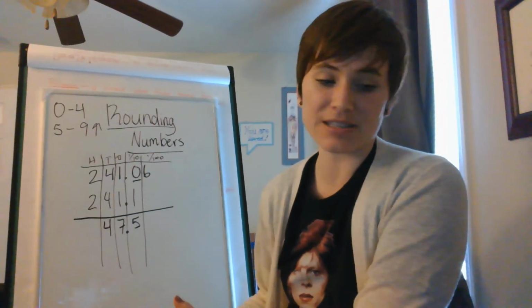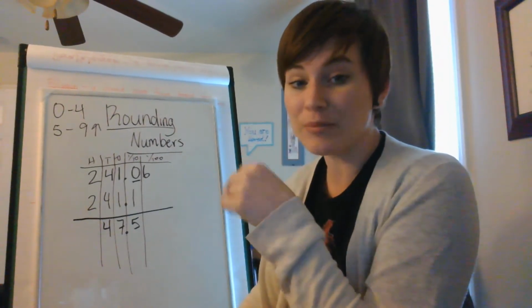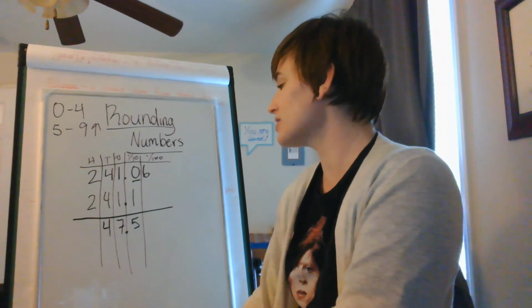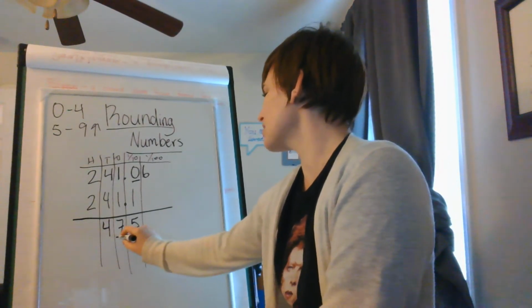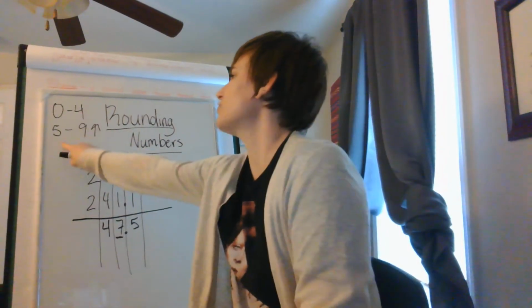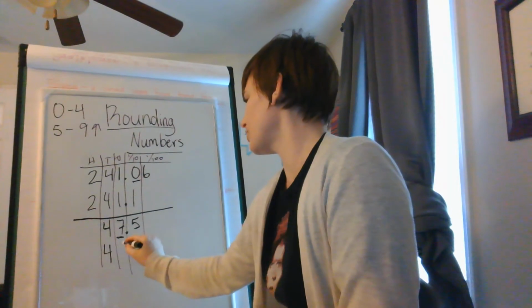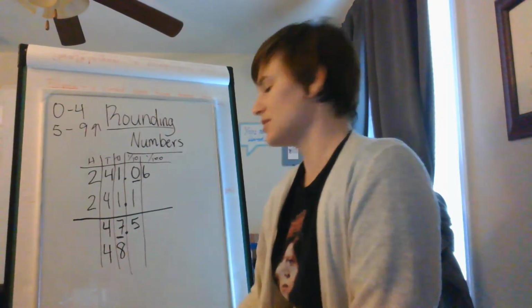See, I couldn't even help myself. I have it memorized that if I end in a 5 to 9, I'm going to round up. So if I say round to the nearest whole number, this is going to be my nearest whole number. 5 falls between 5 and 9. I'm going to round up. So my nearest whole number is 48.